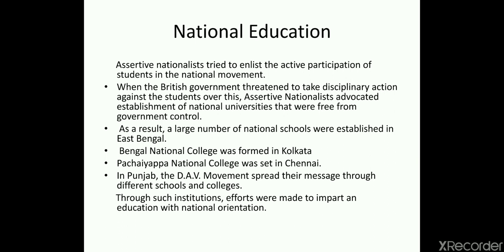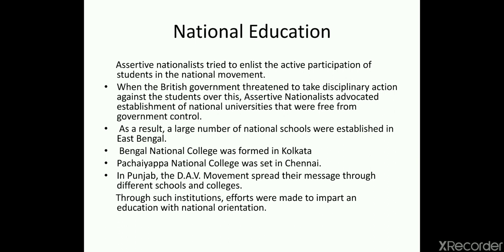Students were studying in those universities, and as they participated in the national movement, the Britishers tried to refrain those students from their studies, or tried to put clutches on their behavior and studies, so that they might not participate in such revolutionary activities. Therefore this ideology of national education emerged, in which education related to our nation, by the people of our country and for the people of the country, was evolved.